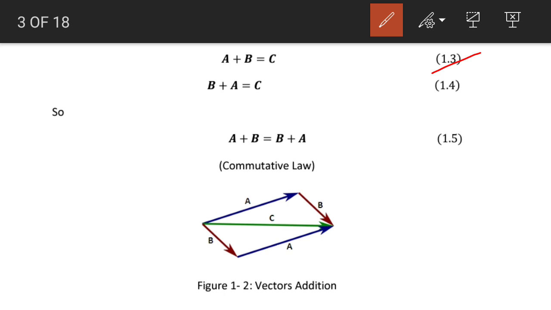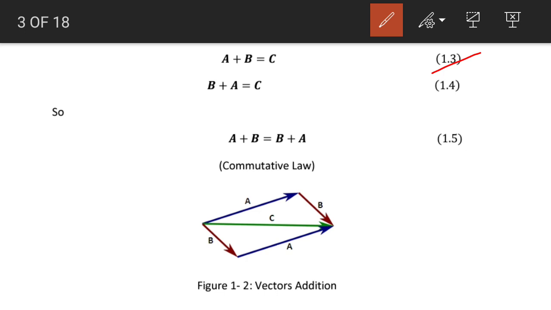The addition of two vectors in accordance with the head to tail rule results in the new vector. So A plus B is equal to C.